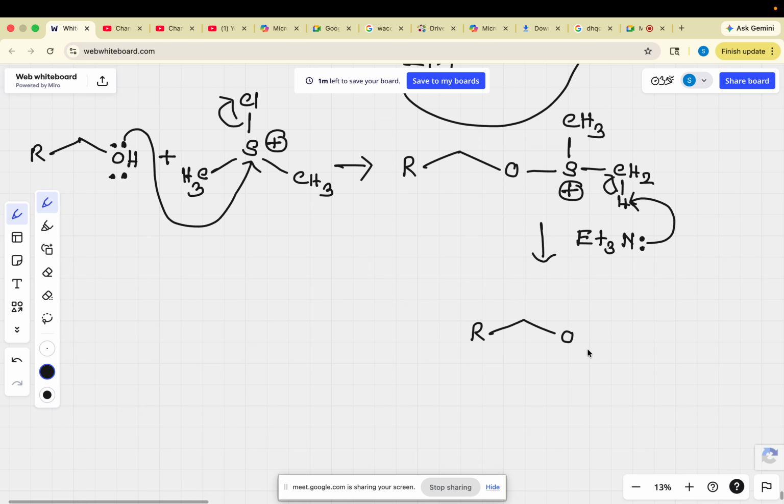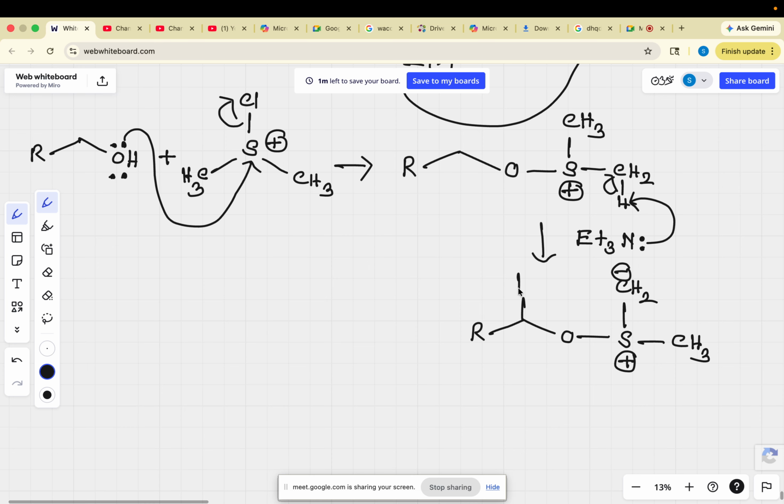So what I will get: oxygen is there, you are getting sulfur. I am showing this CH2 as CH3, and this CH3 I am showing as CH2 minus, so it will be easy for me to show the next step. Same thing, this CH3 is also acidic. Both are symmetrical, so it can abstract a proton from any one of these methyl groups. So suppose it is abstracting from here, so it is becoming CH2 minus.